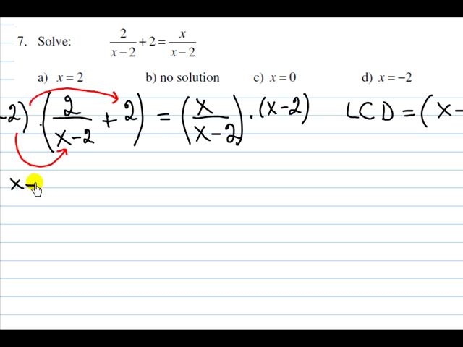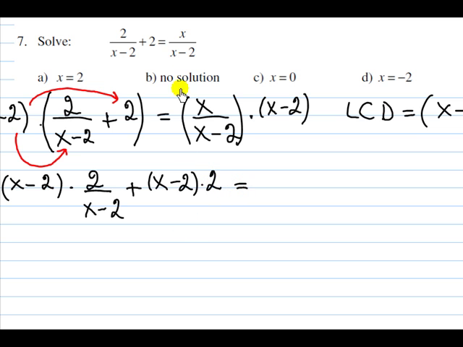We have x minus 2 times the first term, which happens to be a fraction, 2 over x minus 2, plus x minus 2 times 2 equals. And here on the right side we have a fraction times x minus 2. The denominator happens to be x minus 2, so we can just cancel x minus 2 and we will have just x.